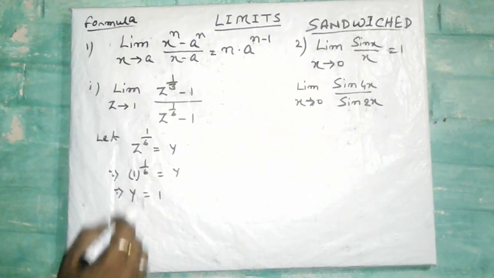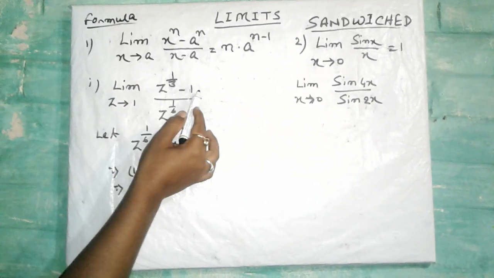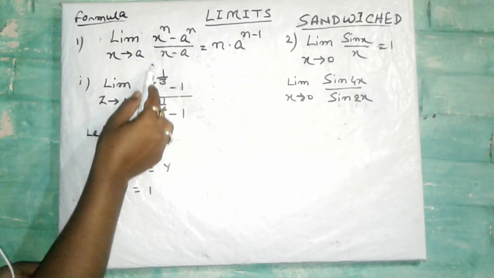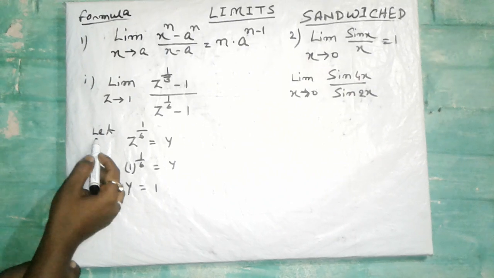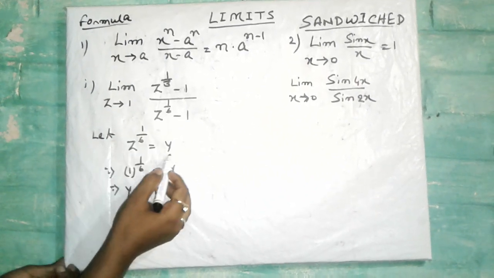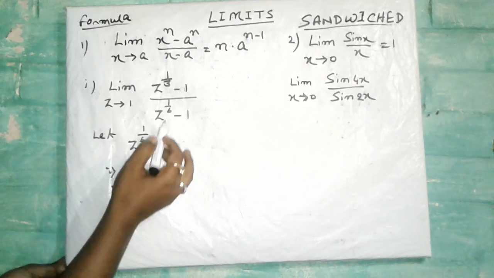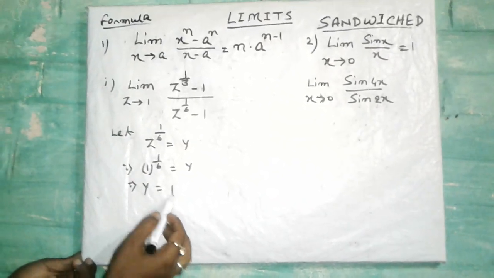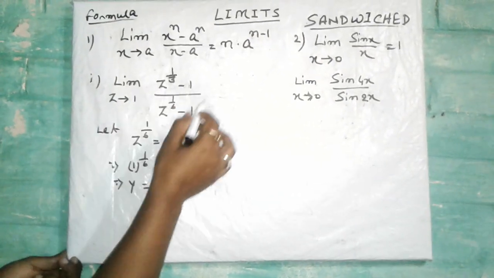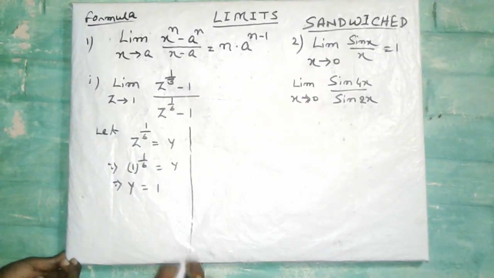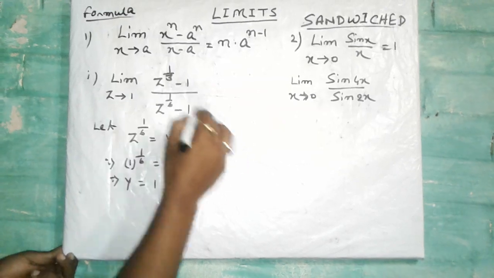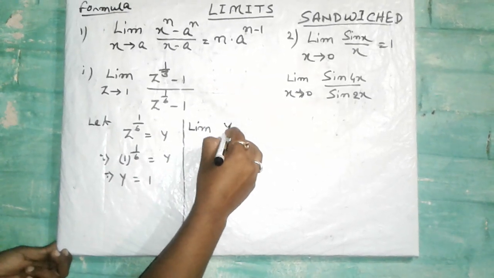Here is one sum you can see: (z to the power 1 by 3 minus 1) by (z to the power 1 by 6 minus 1). So we can use this formula. Let z to the power 1 by 6 be equal to y. If I put z equal to 1, y will also be 1. Now convert this into the form of y. This will be limit y tends to 1, and z to the power 1 by 3 can be written as y square.